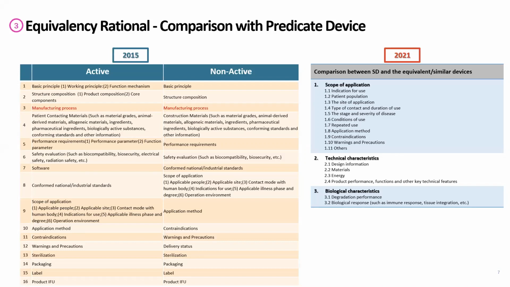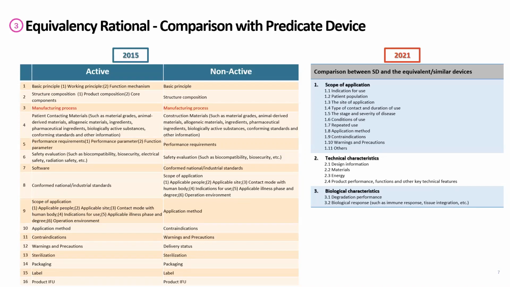And for the next items, the type of contact and the duration of use, I think these may be included in the technical part in EU MDR. And the next item, the stage and severity of disease, in my personal understanding, it's basically difficult to find the similarity between the subject device and the equivalent device, but it might easily be the same.